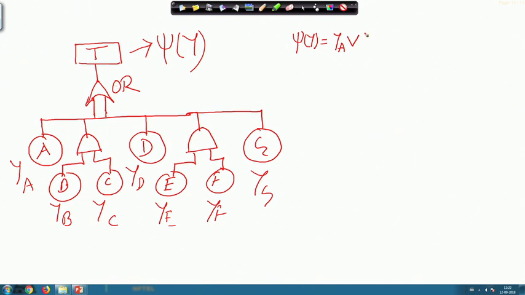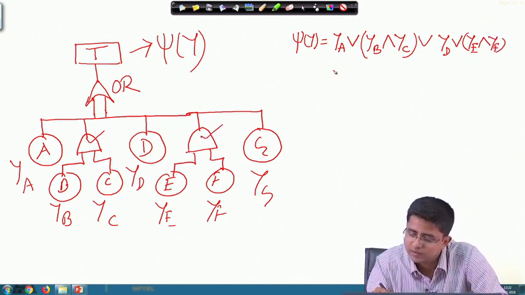Then the input is this AND gate, and the inputs of this AND gate are y b and y c. So, y b intersection y c, as this is an AND gate. Again union y d, again union y e intersection y f, as this is an AND gate, again union y g.